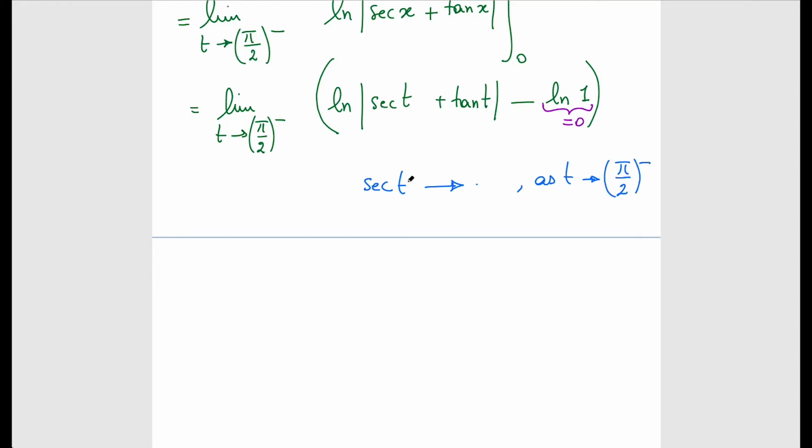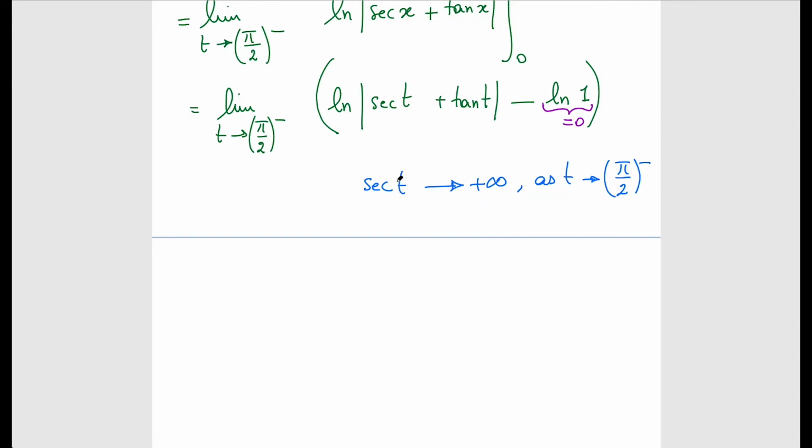Well, secant of t, which is 1 over cosine, certainly it's a positive entity, but it gets closer and closer. Cosine gets closer and closer to 0 as t gets closer and closer to pi over 2 from the left, right? While staying positive. So that's gonna go to 1 over 0 plus, so it's gonna go to plus infinity, correct? So one more time.